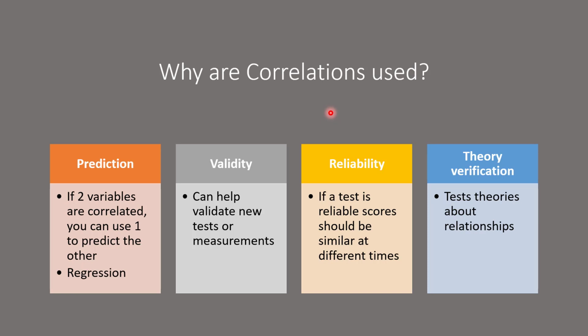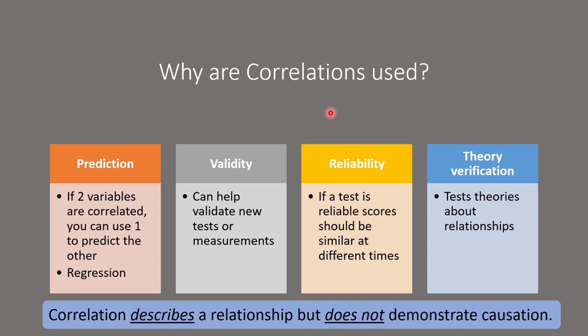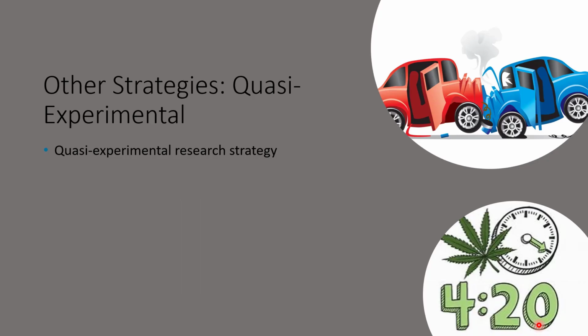Yes, true, the study has to be replicated, but if it was a true experiment, even quasi-experimental, there's not a correlation between those variables. So that's something important to keep in mind as you're writing your literature review. So again, a correlation describes a relationship but does not demonstrate causation.